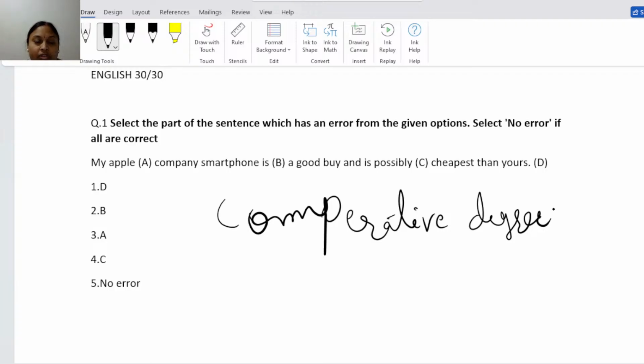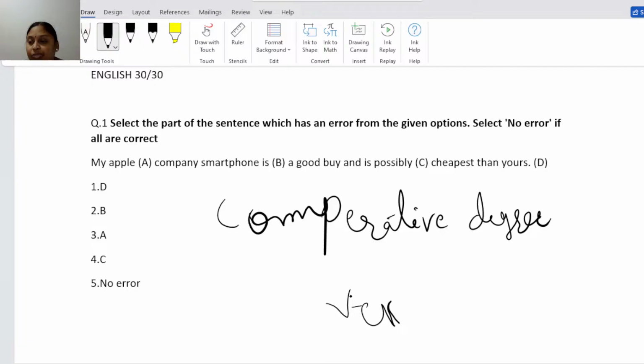Whenever we go for the comparative degree, we have to check the word which ends with er. This will be taken as a consideration.